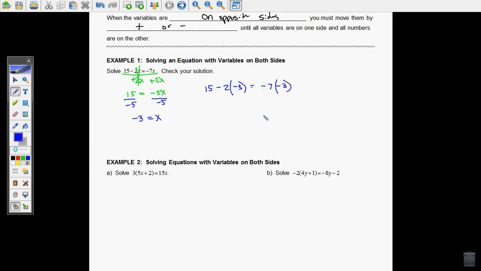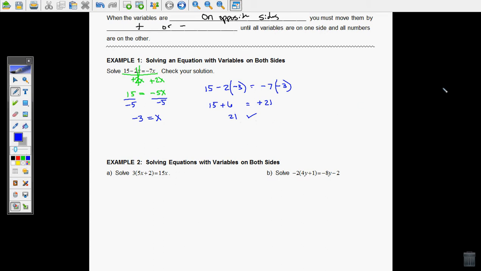We should get the exact same number on both sides. This is 15. Negative 2 times negative 3 is positive 6. Negative 3 times negative 7 is positive 21. 6 plus 15 is 21.